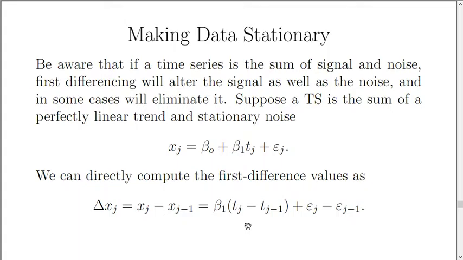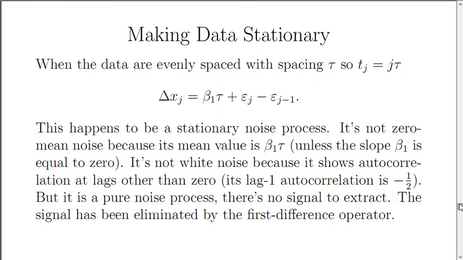However, if the time series is evenly sampled, then the difference between consecutive times is going to be the same always. It's going to be some constant tau, I'll call it. And in that case, the first difference operator applied to the time series gives a constant, which is slope times time spacing, plus the first difference of a stationary process.